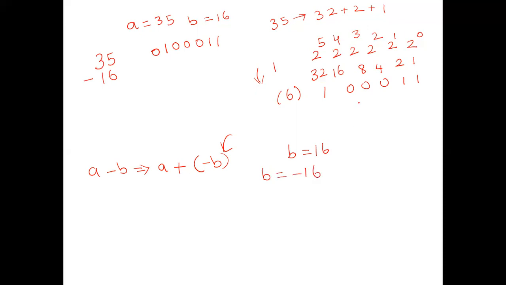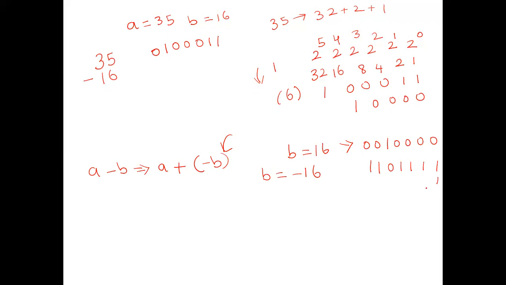So how will you represent 16? 1, 0, 0, 0, 0. 5 bits are enough, but 35 is represented as 7 bits, so plus 16 will be included as 0, 0, 1, 0, 0, 0, 0. But I need minus 16, so take the 1's complement: 1, 1, 0, 1, 1, 1, 1.